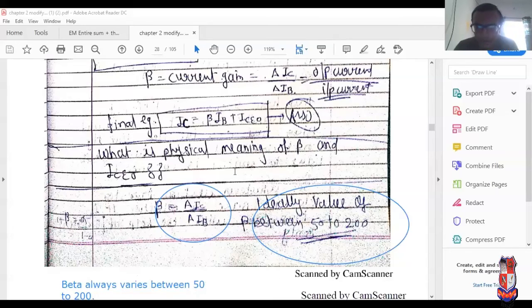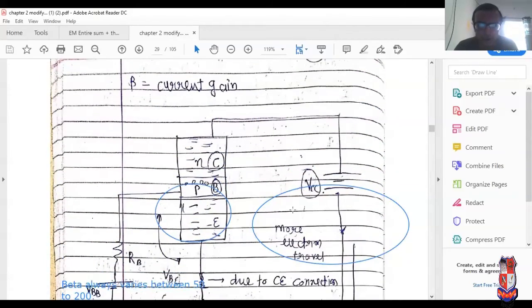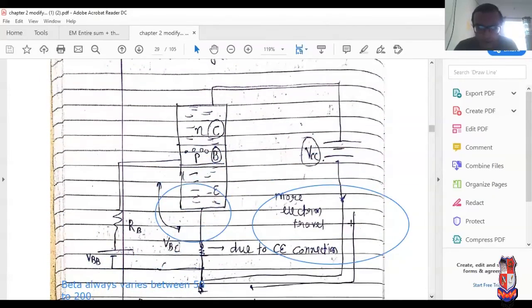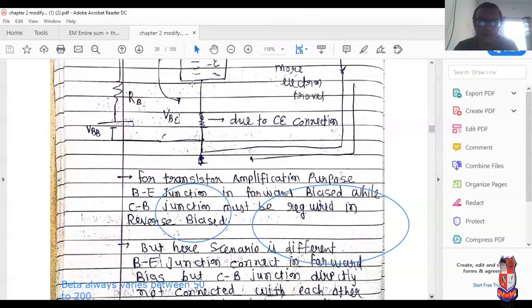So please concentrate here. Beta equal to current gain. Now see, a greater number of electrons can travel, and all the electrons travel via the emitter only. For transistor amplification, the base emitter junction must be in forward bias, while the collector base junction must be in reverse bias.